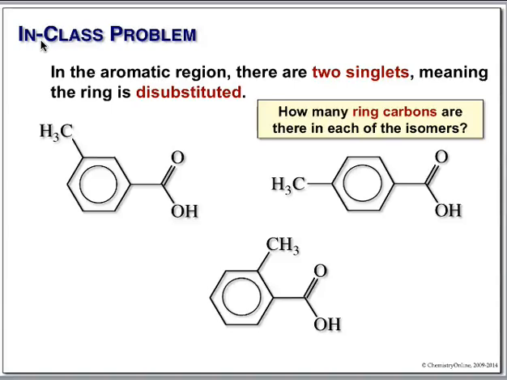Here, this carbon is attached to the carboxylic acid. This carbon is in between these two guys. This one is attached to a methyl. This one is next to the methyl across from the carboxylic acid. This one is next to the carboxylic acid, and this guy is left over. There are 6 different carbons in this ring.